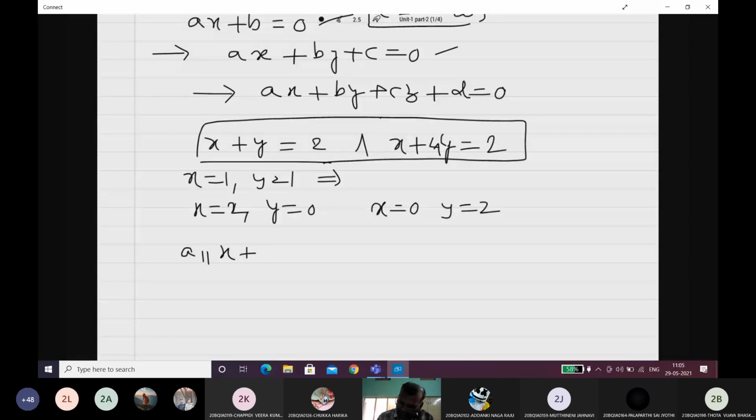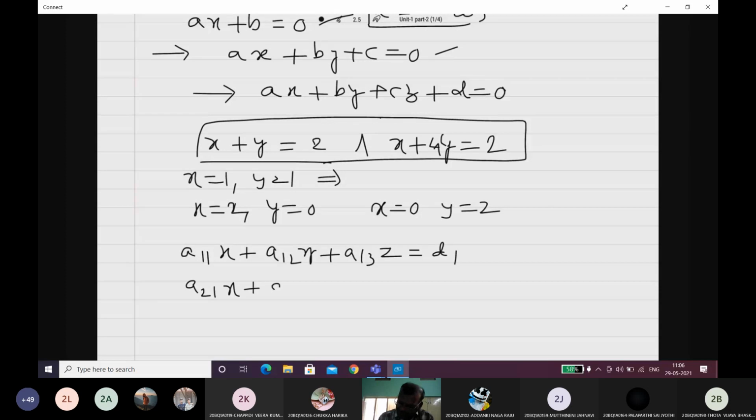A11x plus A12y plus A13z is equal to, in other words, say D1.